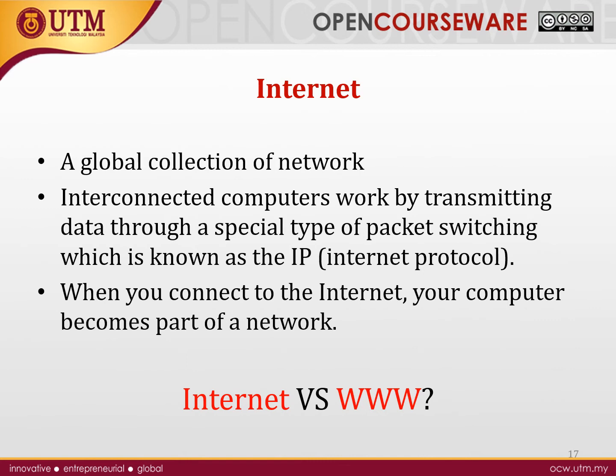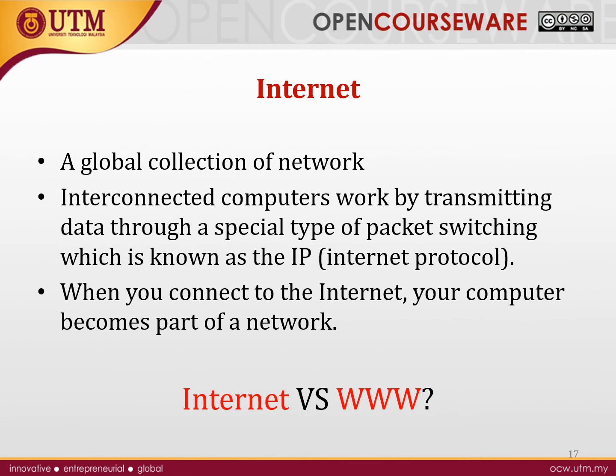All right, so what is the definition of the internet? The internet is a global collection of networks. It works by transmitting data through a special type of packet switching, known as the IP, Internet Protocol. So when you are online, whether you're using your smartphone or laptop, you become a part of this global network.